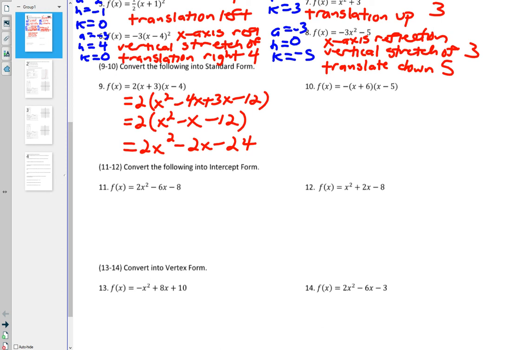See if you guys can do number 10. Give me that in standard form. Now, by the way, don't forget that technically the f of x has to go there. I just didn't write it.